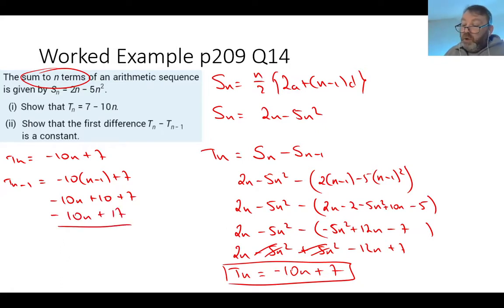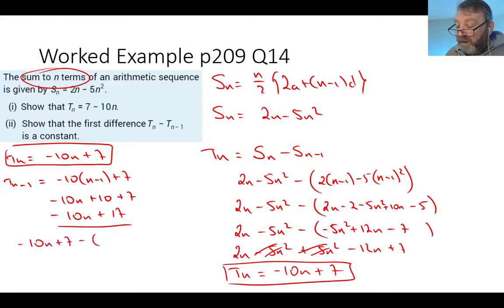Now, what do I want to do with both of those? There's t of n, and there's t of n minus 1. They want me to take t of n minus 1 away from t of n. So it becomes minus 10n plus 7 minus the result of this thing, minus 10n plus 17. Okay, let's see what happens.